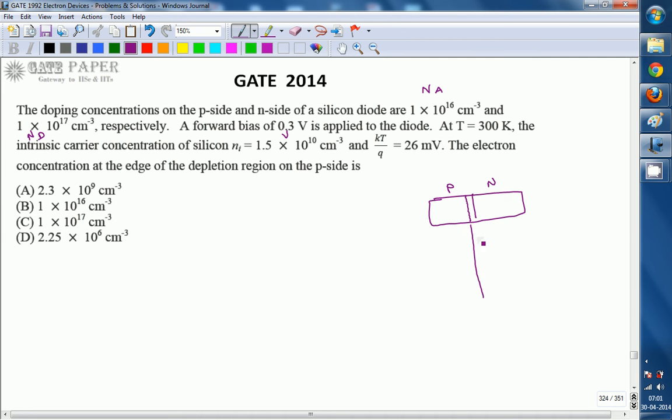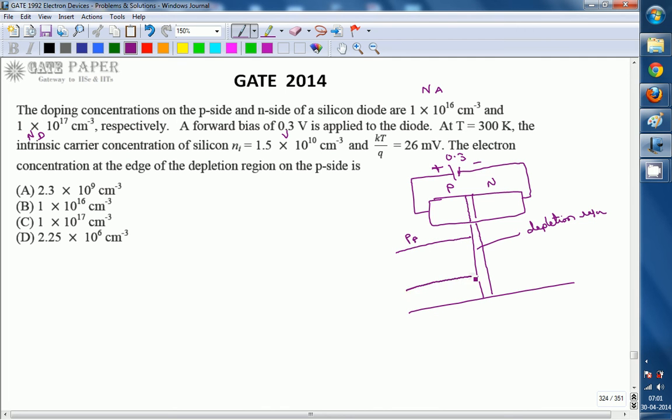This is the depletion region of the PN junction, and whenever it is forward biased, its width is very small, and the forward voltage applied is 0.3 volts. We know that the P side has majority charge carriers PP and minority carriers NP, and under thermal equilibrium the values are NP naught and PP naught.